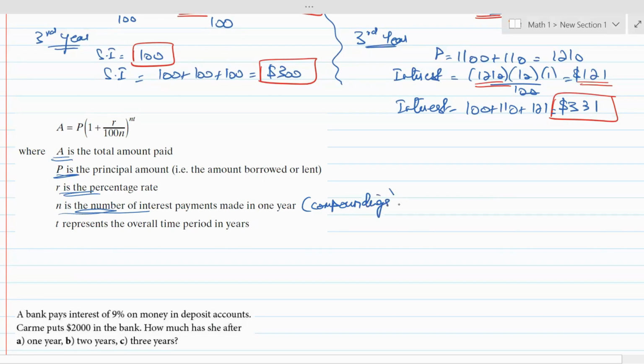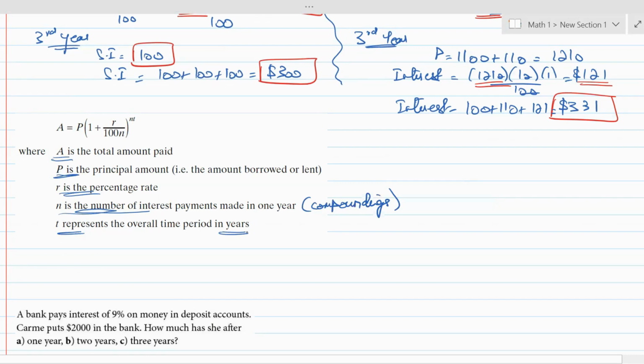Compoundings are usually monthly, quarterly, semi-annually, yearly, and sometimes daily as well. Number of compoundings means that this principal keeps on changing after every compounding period. And T represents the overall time period in years. So T has to be in years.